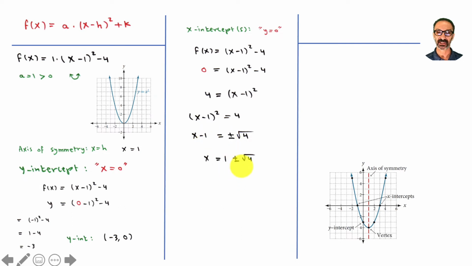Adding 1 to both sides, now I have 2 options. It's 1 plus or minus 2, since the square root of 4 is 2. So either you add 1 plus 2 or you subtract 1 minus 2. Once you do that, I get -1 and 3. So the x-intercepts are at (-1, 0) and (3, 0).